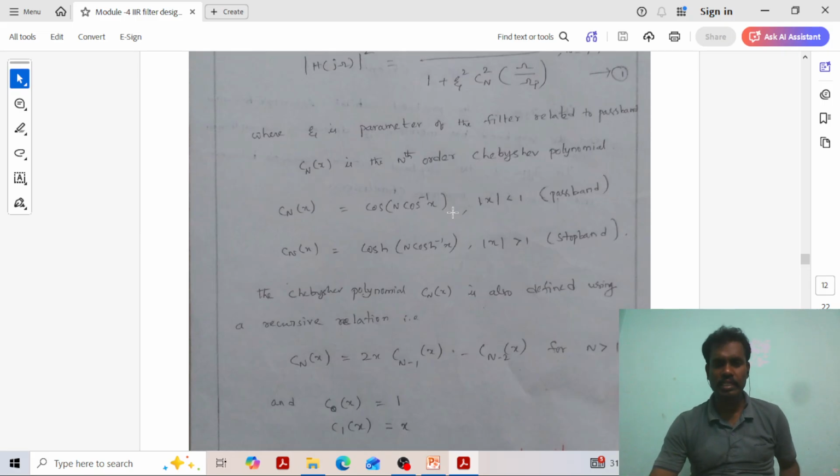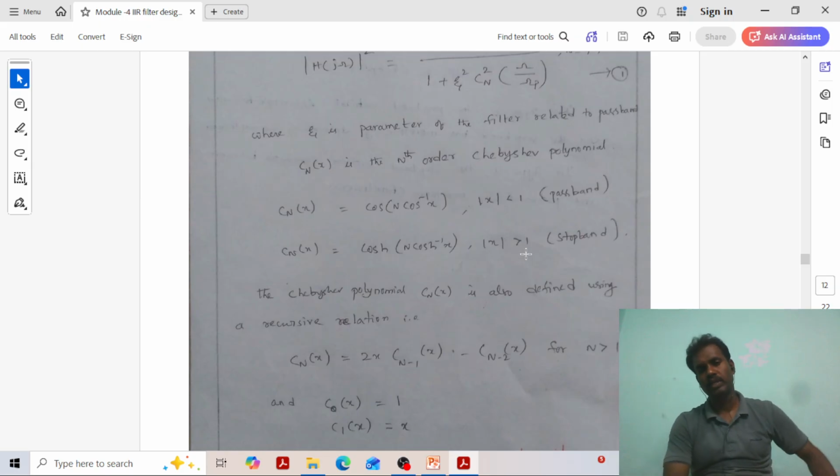When omega is less than omega p, it is pass band. When omega is greater than omega p, it is stop band, because we are discussing the low pass filter. In a low pass filter, we get the pass band first, next we get the stop band. In the pass band, Cn of x is indicated with cos of n cos inverse x. But in the stop band, Cn of x is represented with cos h of n cos h inverse x.